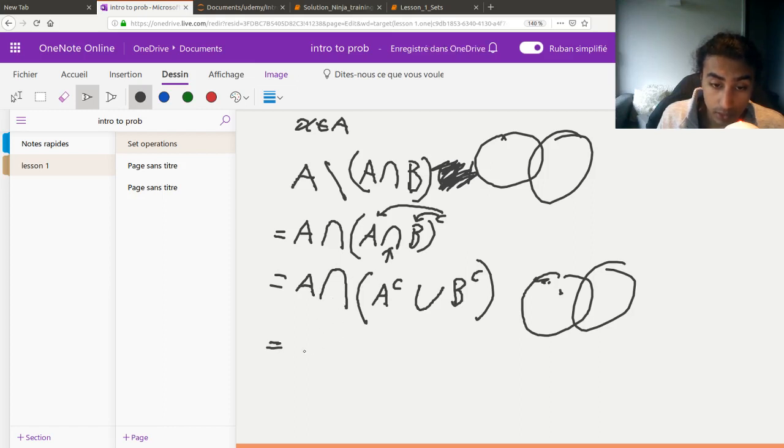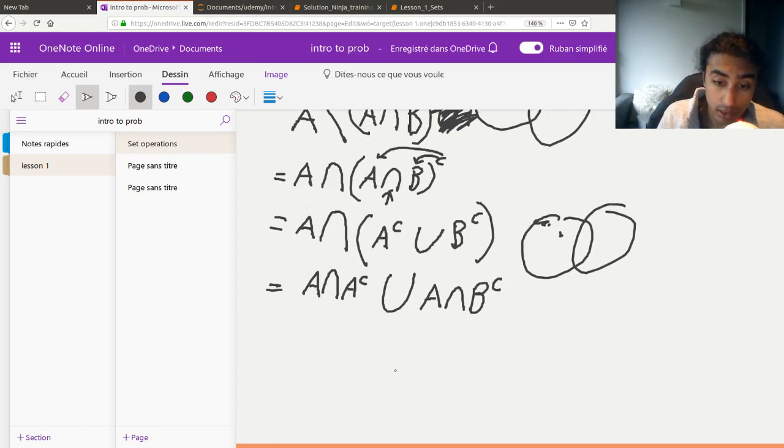So it's just like expanding the brackets. So A intersect A complement union with A. So this is hard stuff. You have to do it a few times before you understand what's going on, I guess. Okay. And again, you can draw the two circles and find that you can distribute the intersection like that.